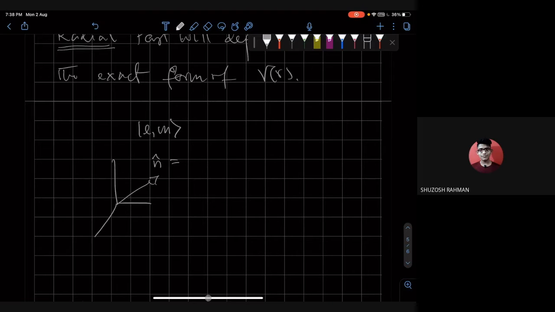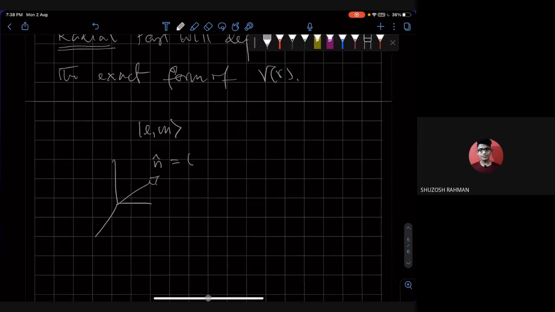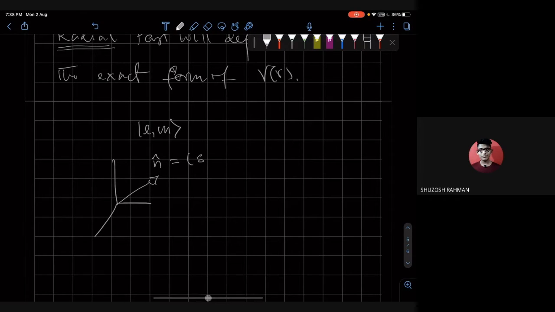Because the x component is, with r equal to 1, sine theta cosine phi, the y component is sine theta sine phi, and the z component is cosine theta.